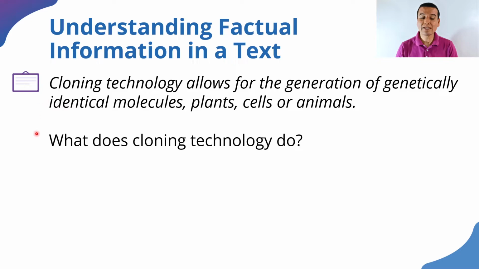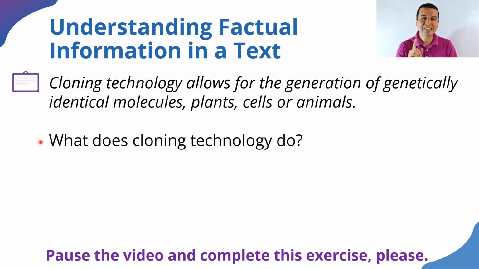What does cloning technology do? All right? So I would like to actually ask you to pause my video and see if you can ask 2 more questions about this short sentence that we have here. Let's see. Pause the video, try to write 2 more. All right? Pause it, do it now, please.